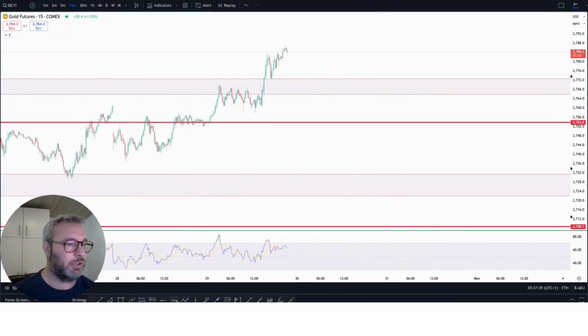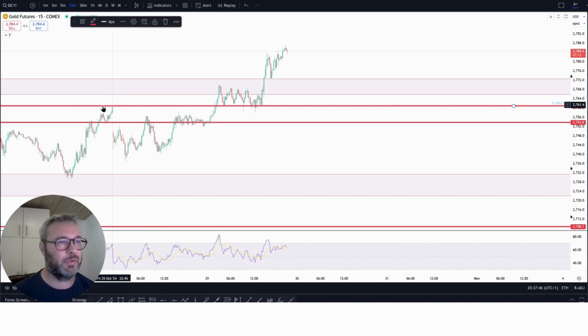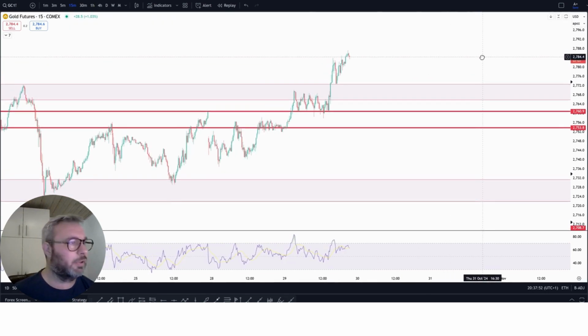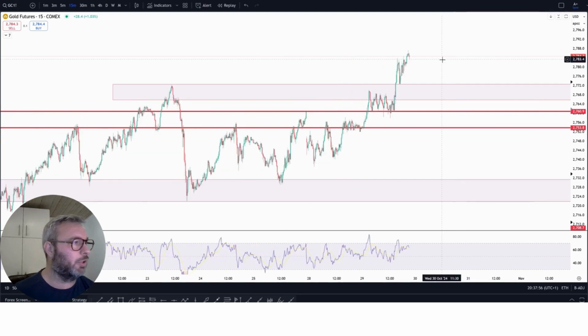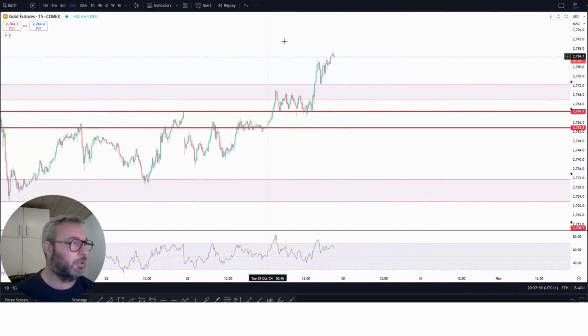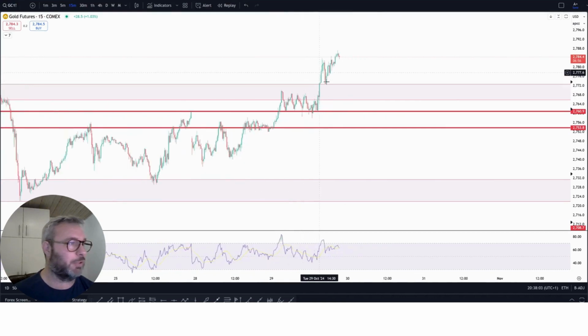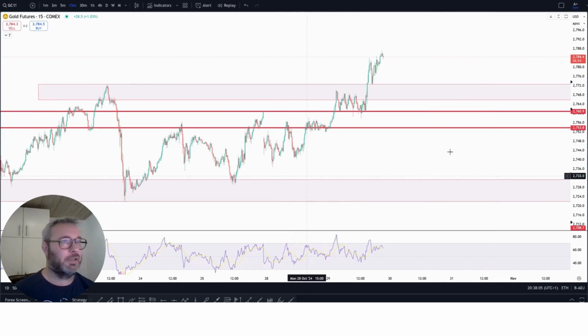Yeah, I want one more level here. Have an alert here, alert here. Gold is also at all-time high, so it's just to wait for a pullback and see if it's possible to trade that pullback. Yes, that was it for gold. Pretty basic.